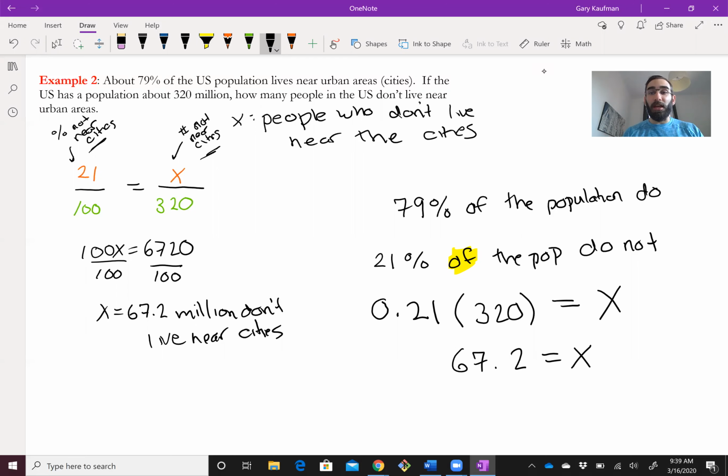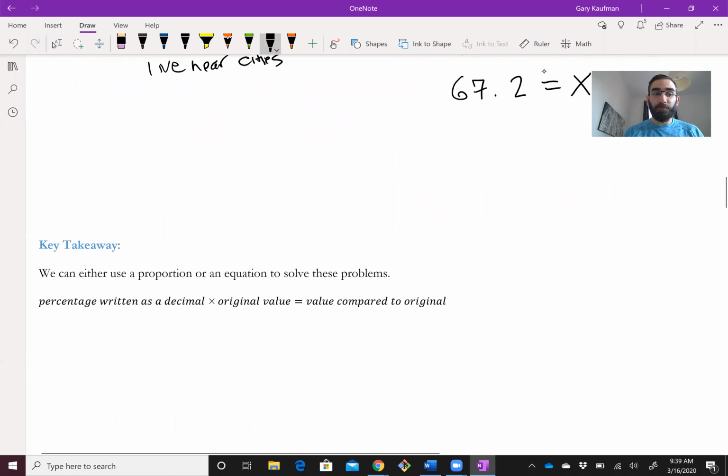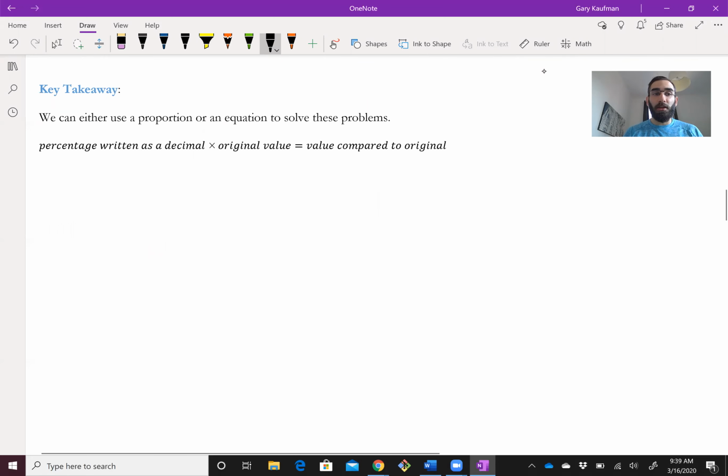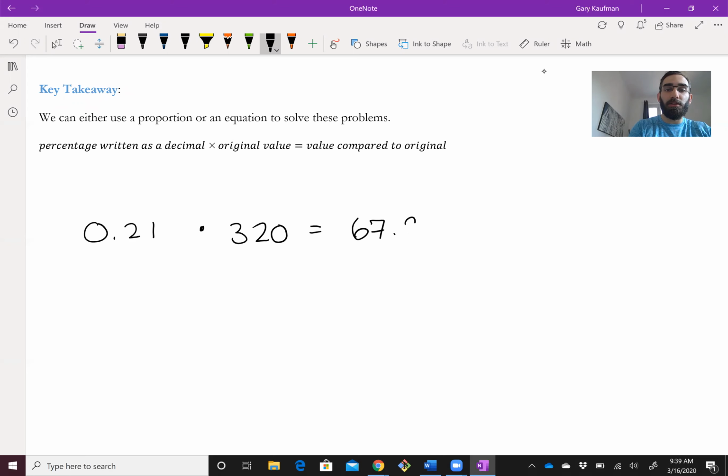So let's now generalize what's happening. Here's the key takeaway. The percentage written as a decimal, so that was our first, if we use the example we just used, 0.21 times the 320 equals the 67.2.